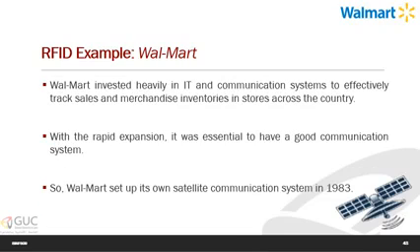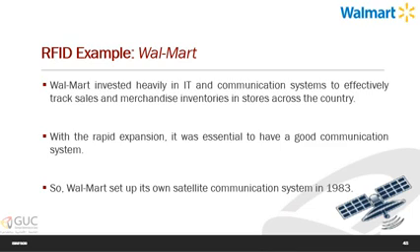Here we will discuss how Walmart is one of the world's leading users of RFID technology. The benefits gained include lower inventories, higher productivity, greater agility, shorter lead times, higher profits, and greater customer loyalty.